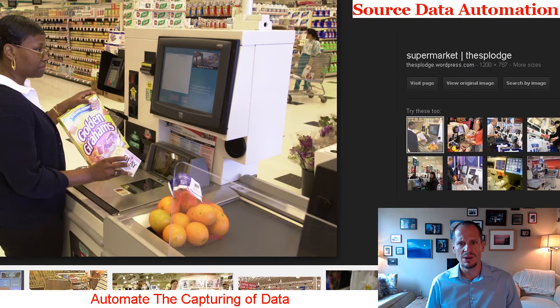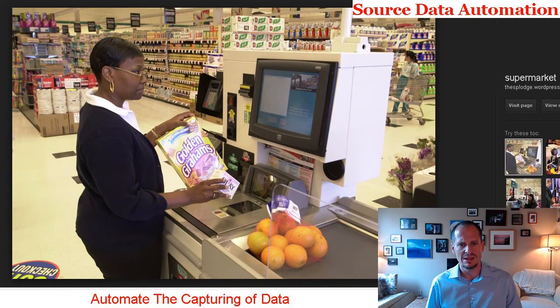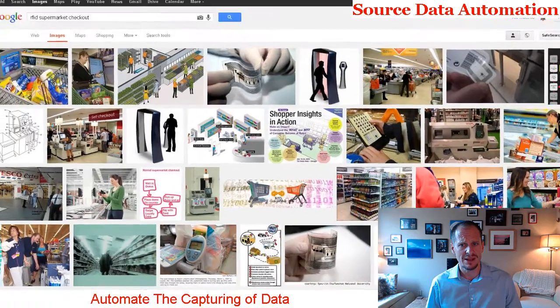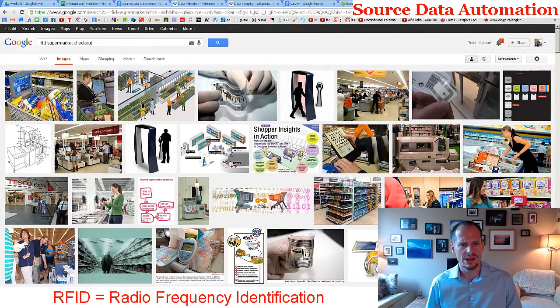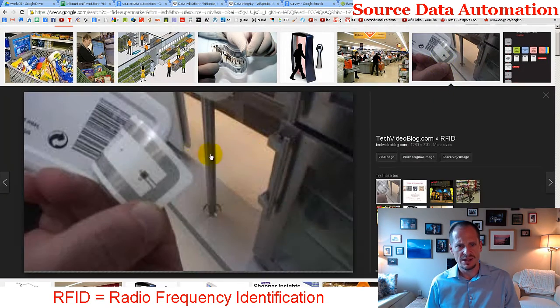All right, so the last thing I wanted to leave you with was how can we automate this process even more? And there's some technology out there called RFID, radio frequency ID. And we're going to look at it in a moment here with our input devices, and I'll tell you more about it. But basically, radio frequency ID is a little chip that you could put into the packaging. So there's the little chip inside the packaging.